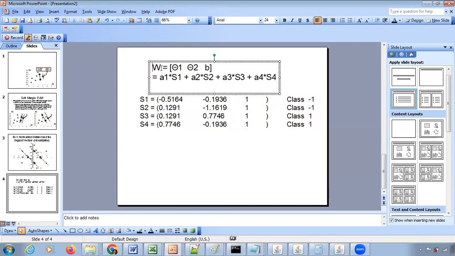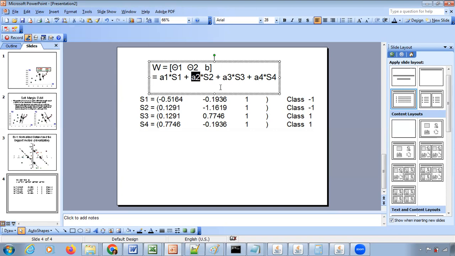So the weight vector is modeled as a linear combination of these four support vectors, with four coefficients. The key now is to find A1, A2, A3, and A4.